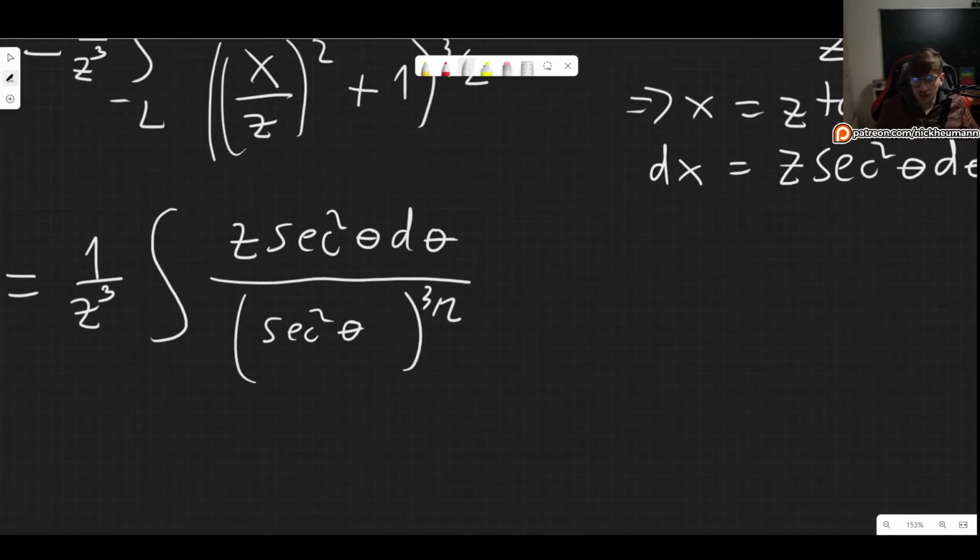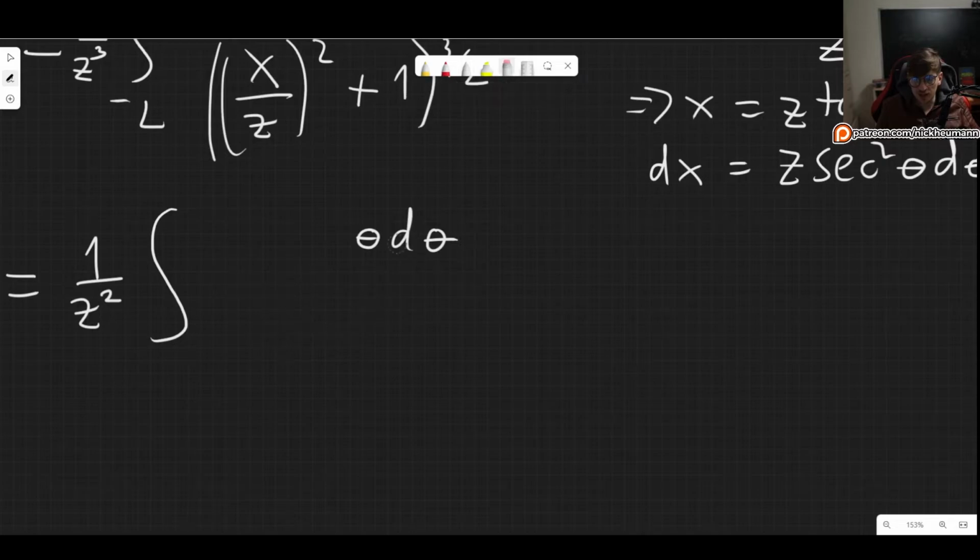Okay, and now you apply the square root to the secant squared, and you get secant, and then you have to cube it. So secant cubed. And then we have secant squared divided by secant cubed, so you end up with simply secant. Now we can take this z outside and we get z squared. And 1 over secant we know is simply cosine.